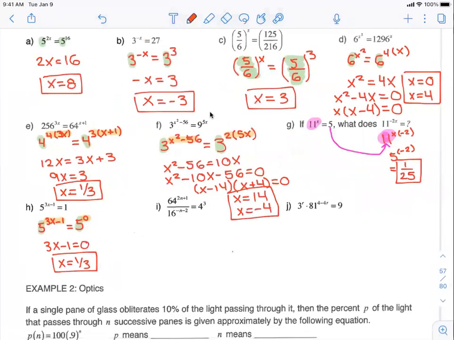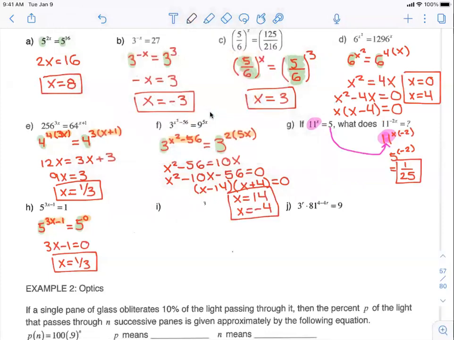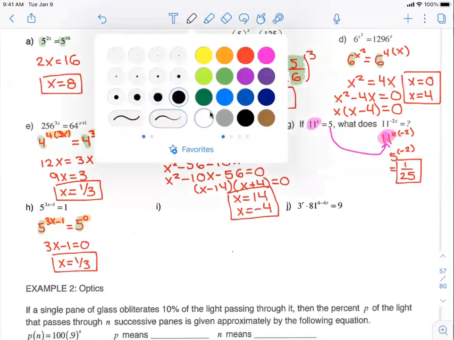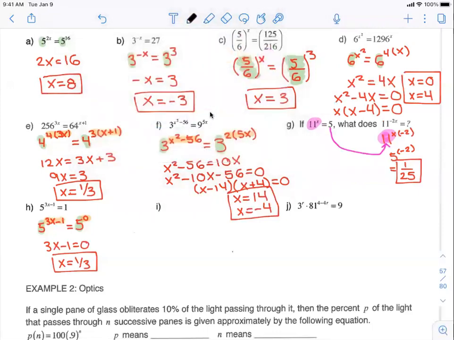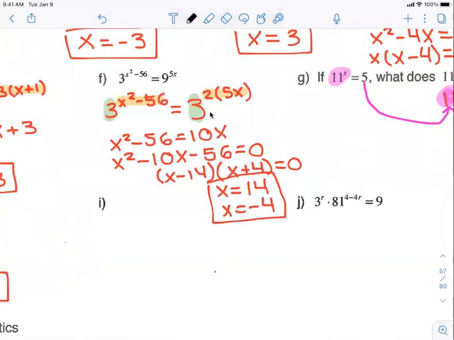Let's take a look at, I'm actually going to change the problem here for I. Because I'm on my iPad, I can actually just write it in white. And we're going to go ahead and change this problem to 3 to the 5 plus 2x equals 1/81.